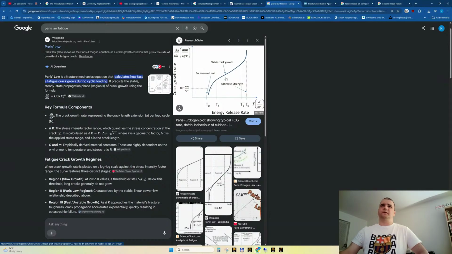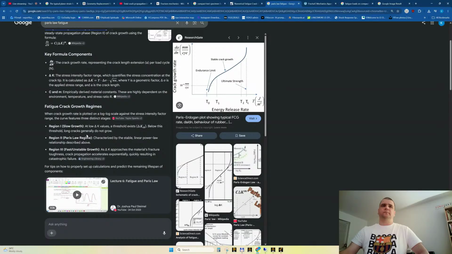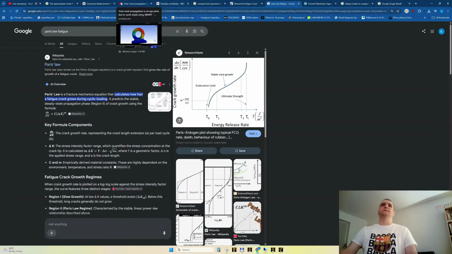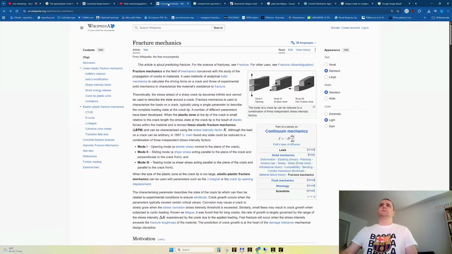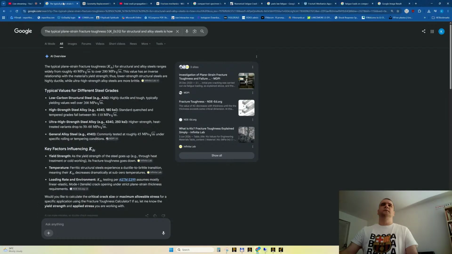And staying here, we can somehow estimate, knowing the KIC for steel, knowing the fracture toughness for steel, we can evaluate against the values that we obtain in ANSYS, Abaqus, whatever software it is.